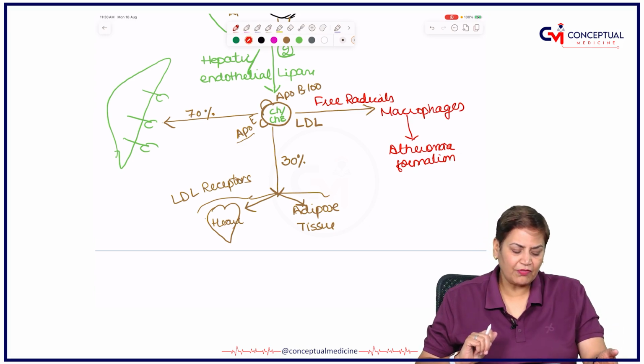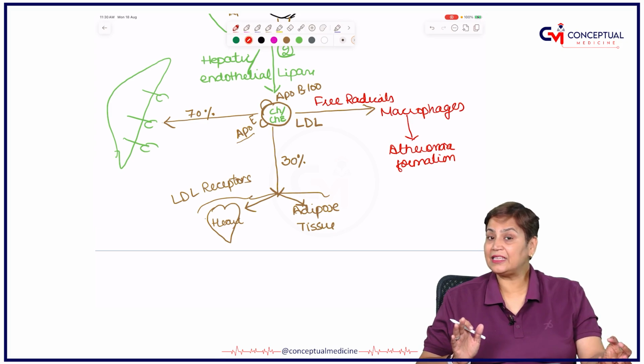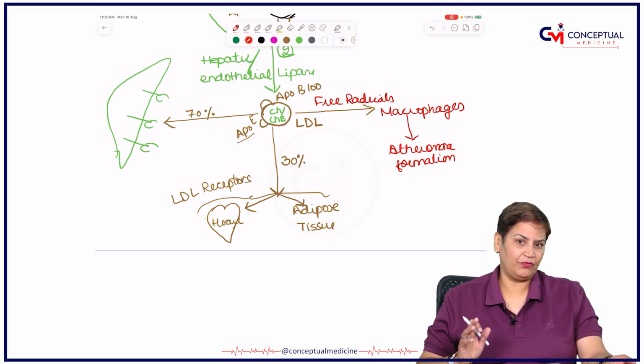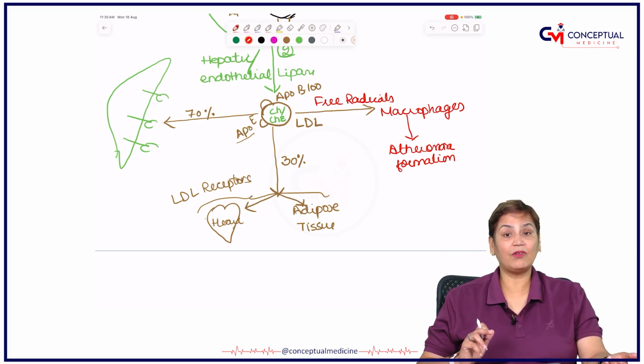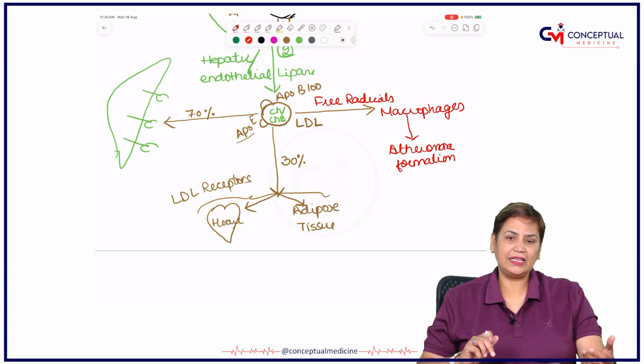In some books you will find it as VLDL and LDL, because LDL is actually formed from VLDL, taking IDL as an intermediate. And this is very important to understand why the metabolism is important, because whenever we discuss the different types of hyper and hypolipoproteinemias, these receptors are the ones which are either defective or have a mutation.